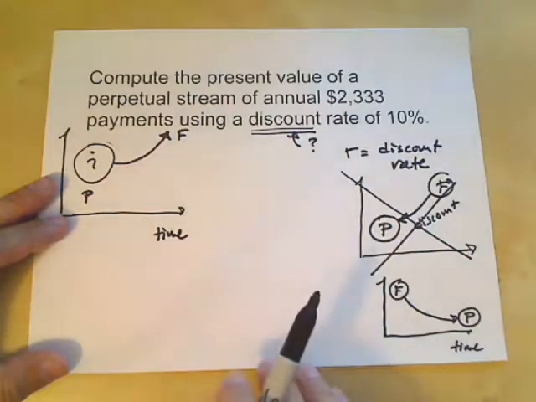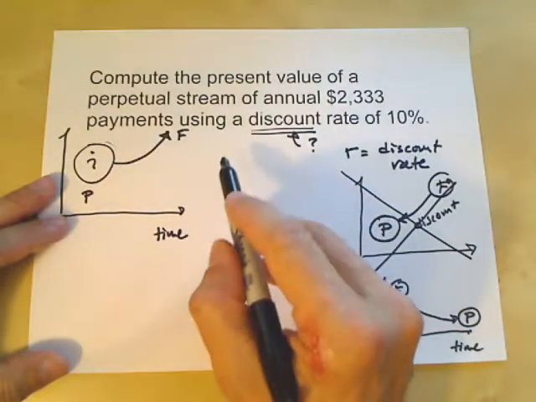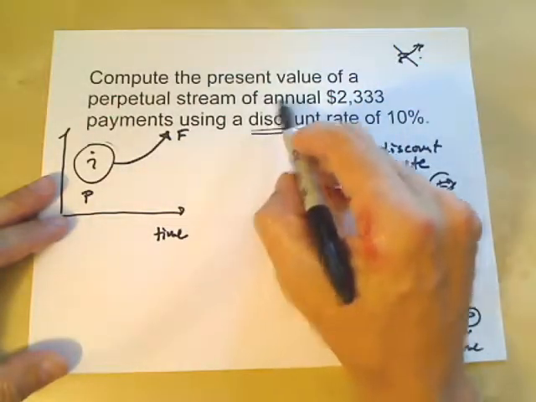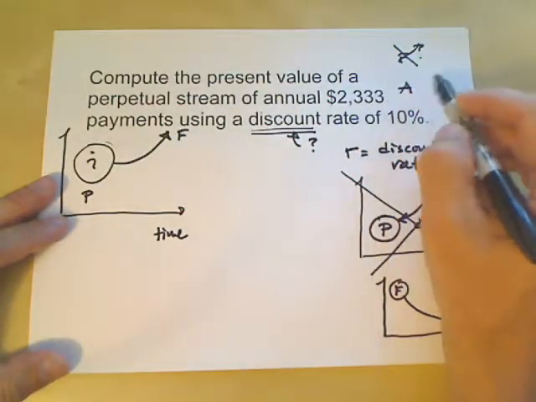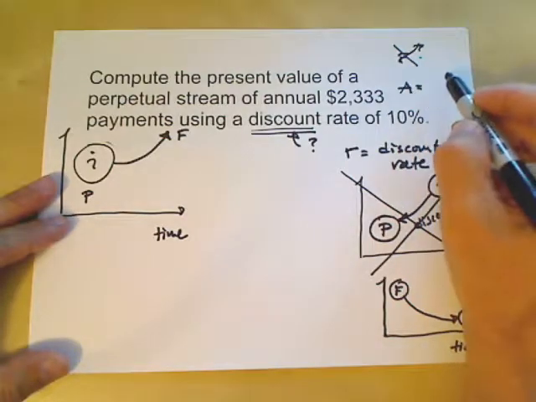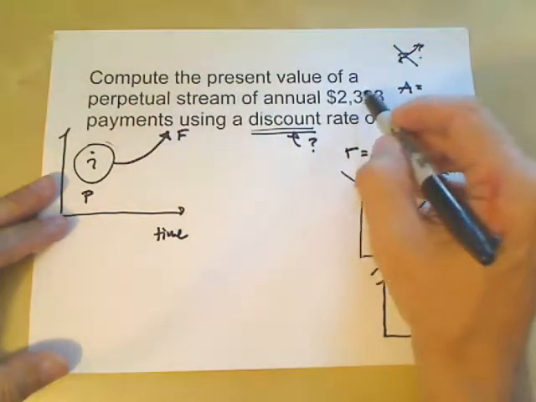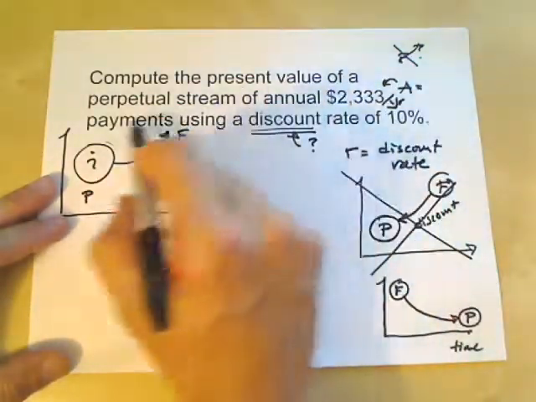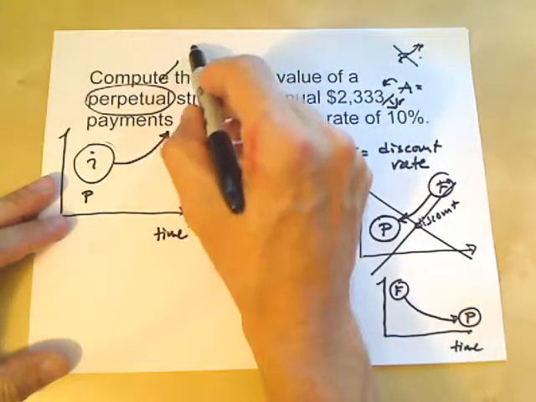A perpetual stream of payments calls to mind a different formula. There's no F anymore. Instead, these annual payments are going to be represented as A. That's the $2,333 a year. And perpetual means it's paid forever.